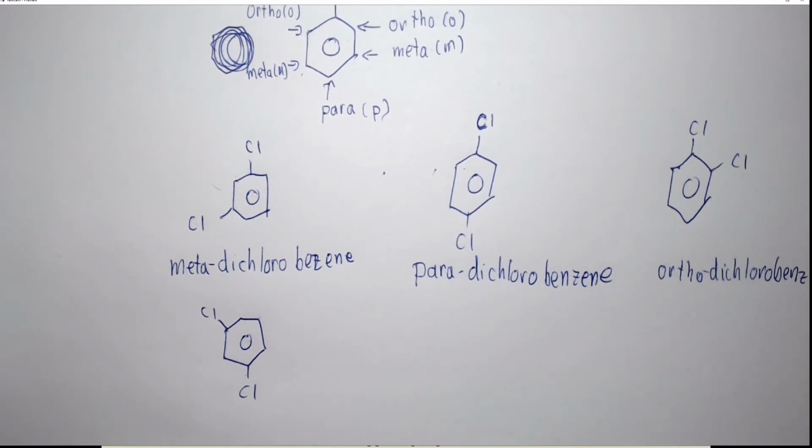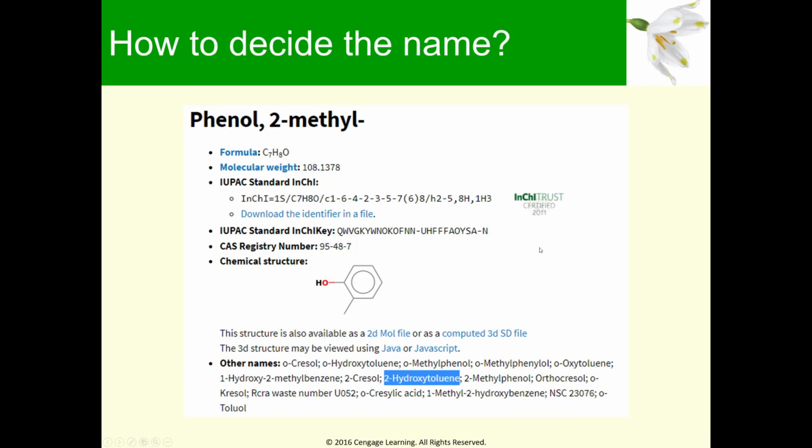So let's look now at a real-life example that I looked up on NIST a few minutes ago. All right, National Institute of Standards and Technology. So if we look here, this is 2-methylphenol. So in this case, we called this OH group phenol.